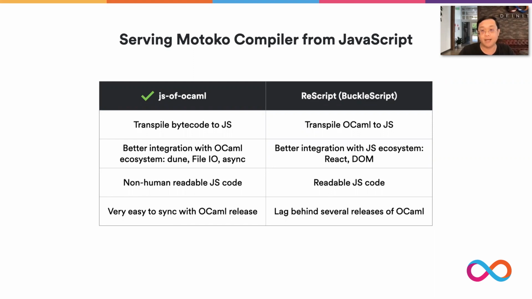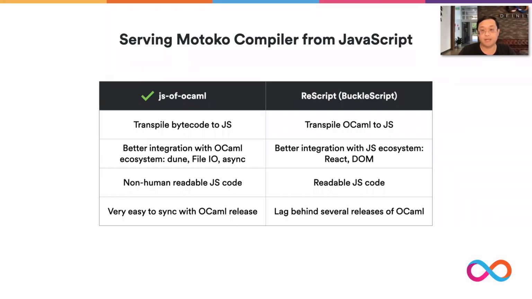And on the other hand, BuckleScript is better integrated with the JavaScript ecosystem. Like you can bind directly to React or DOM elements in JavaScript. And because it's generating from OCaml, the JavaScript code is very readable.